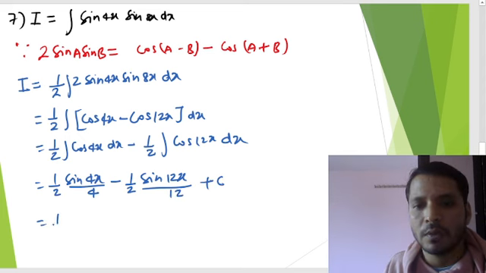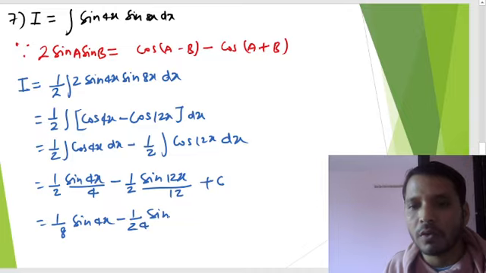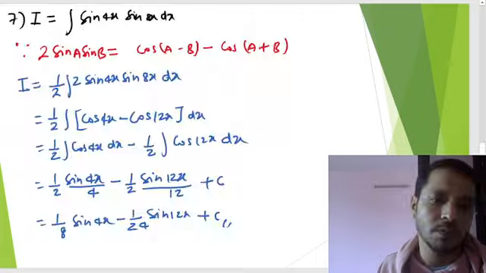So it will become 1 by 8 sin 4x minus 1 by 24 sin 12x plus c. This is the answer of question number 7.